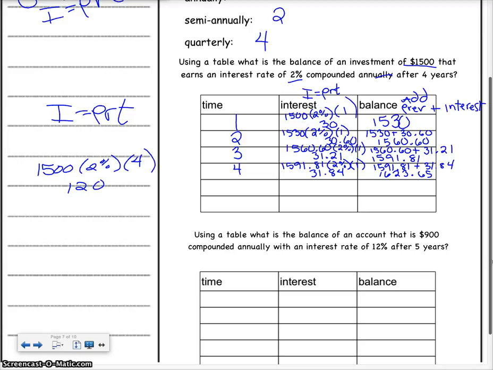That 120 is your interest. What you have then is 1,500 plus 120, which is 1,620. Not much of a difference. It gets to be more of a difference when you have a higher interest rate and a higher initial investment, or what you borrow gets to be a huge difference.